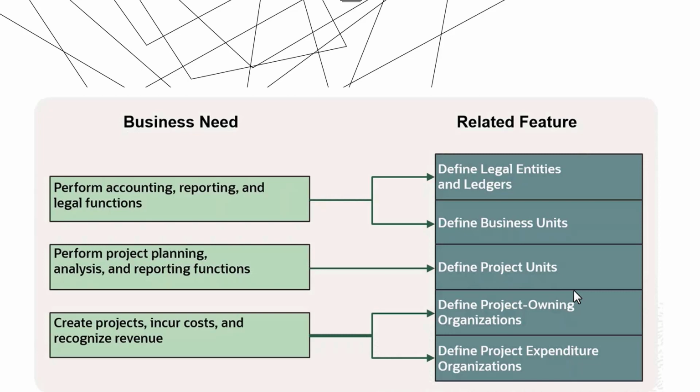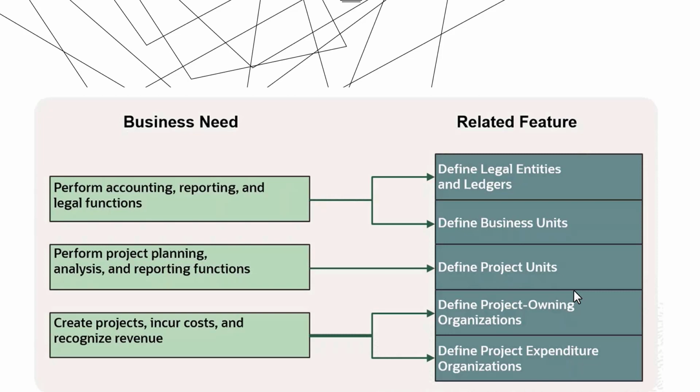All that can be handled because that is one of the core functionalities of our project financial management. It also does some basic accounting and some additional tracking and analytics, but the core of it is to help you first create a project, then collect the cost, recognize revenue, and bill.